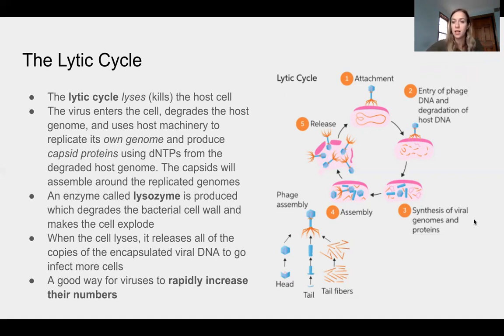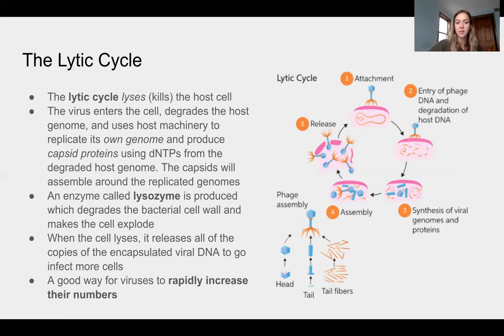The little head part is called a capsid. It also uses the dNTPs from the degraded host genome in the synthesis of its genome. These capsids will automatically assemble around the replicated genomes and start reforming that virus.